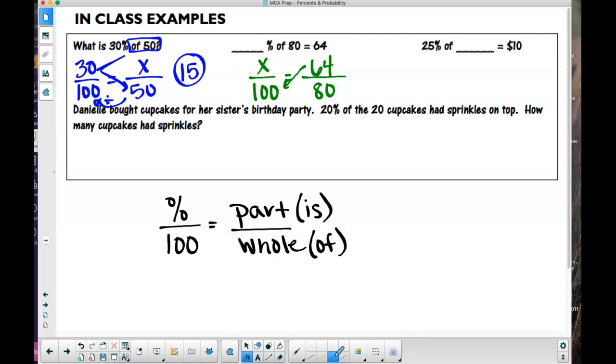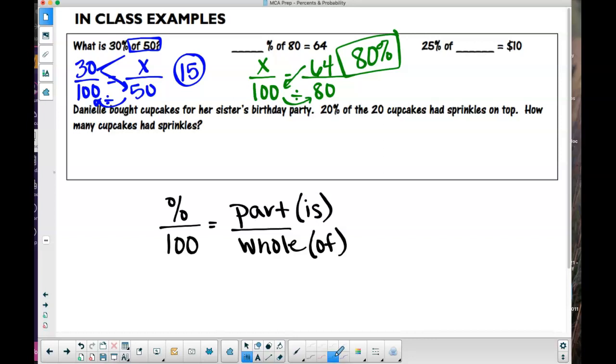Multiply our two numbers on the diagonal. Divide by the third number. And what do you get there? 80%. Don't forget the percent sign. Okay, so that one should be 80%.